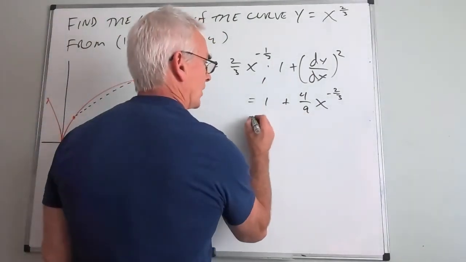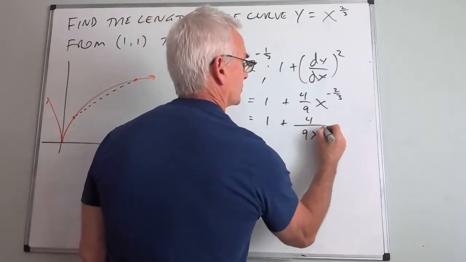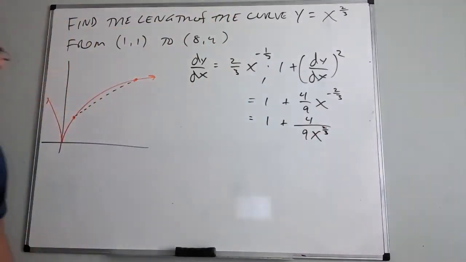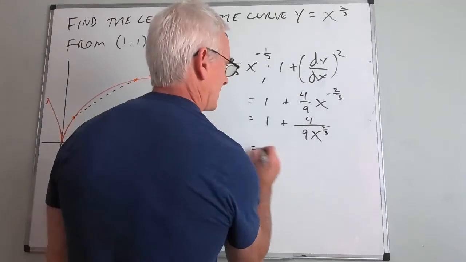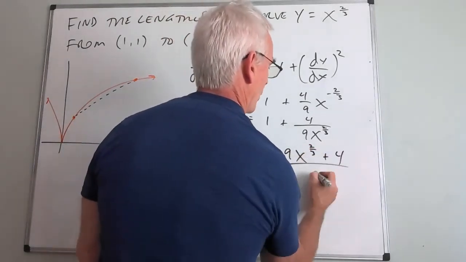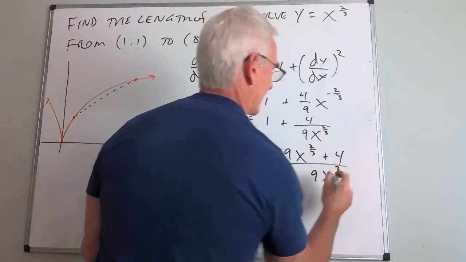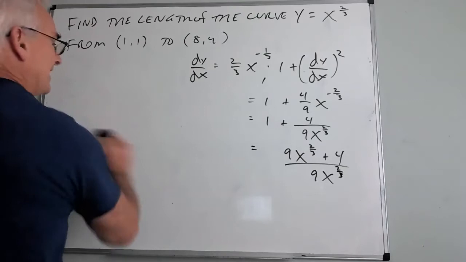So why don't we rewrite that as 1 plus 4 over 9x to the 2/3? Okay. Well, I think we could write that as one quotient. So how about I write it as 9x to the 2/3 plus 4 over 9x to the 2/3? Okay. Not that it's better, but it might be a little easier to write it now.